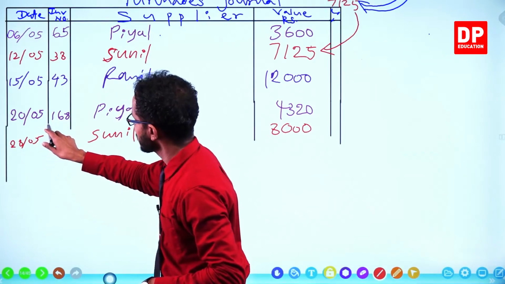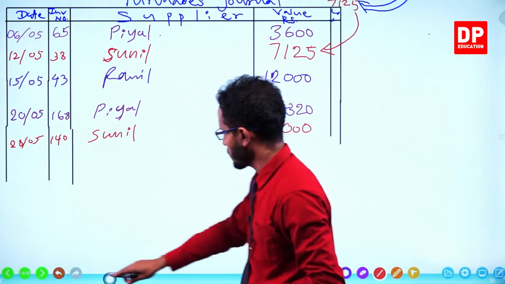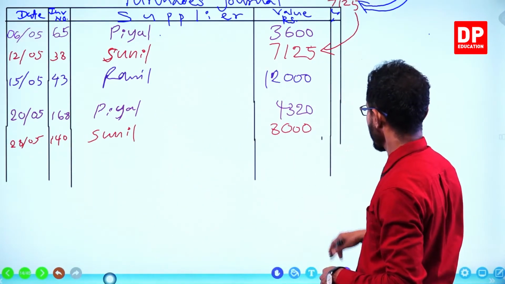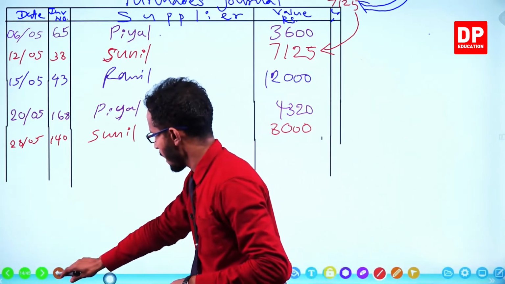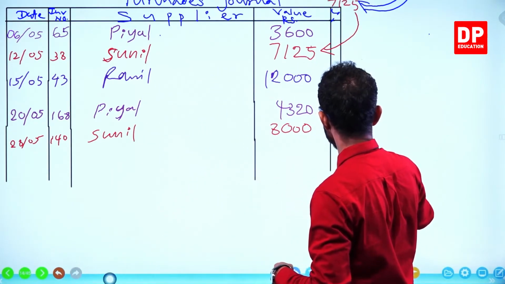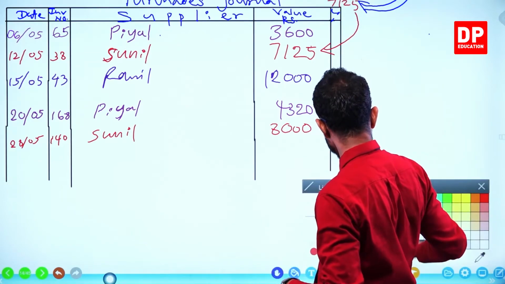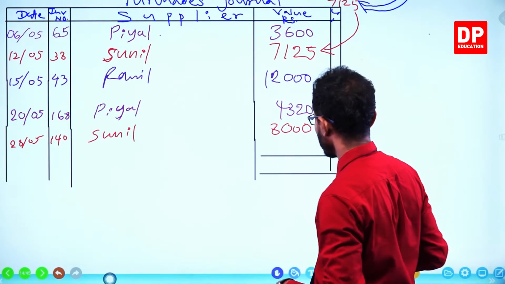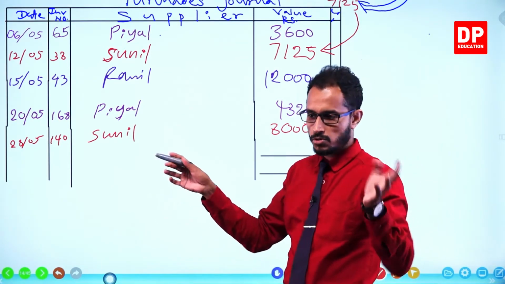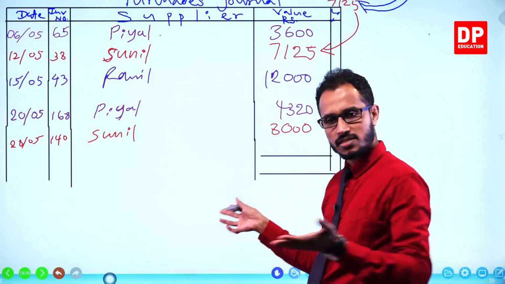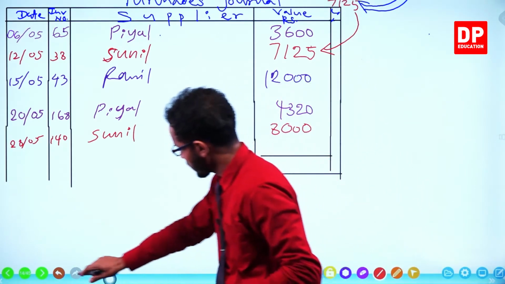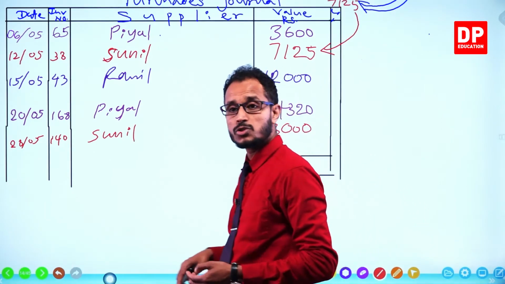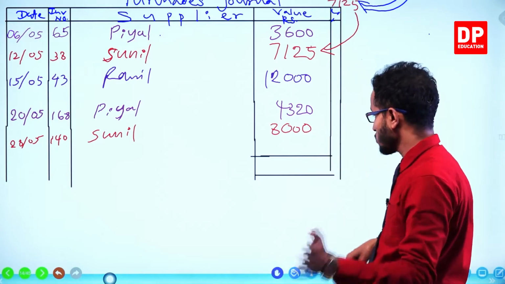Just extend the lines a little bit and let's draw the sum box. I always say sum box. It's not a box, it's just the final total.